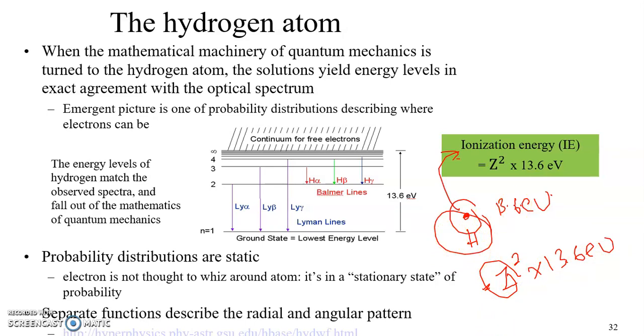So this is the formula for ionization energy if we want to remove the electron completely in any atom.